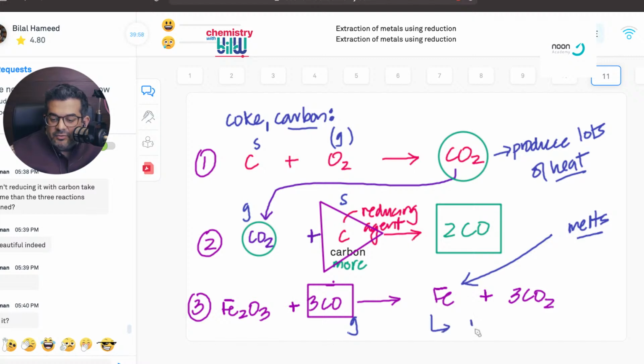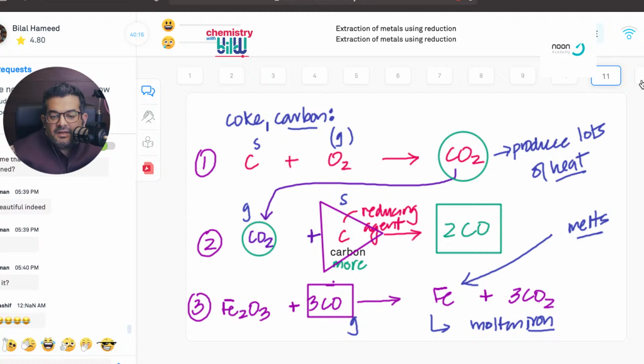And then through this process we get molten iron. When iron is molten, it is easily removed from the system. It keeps flowing around like water and it's removed from the system. Saad, in fact, this is it except for a thing or two. But this is the crux of it.